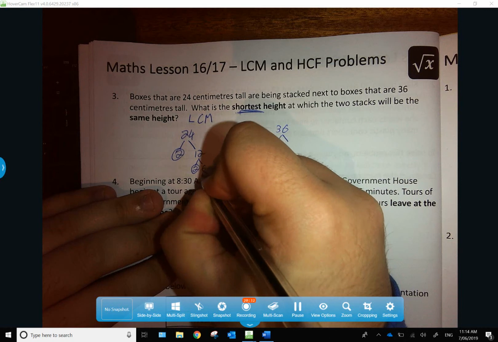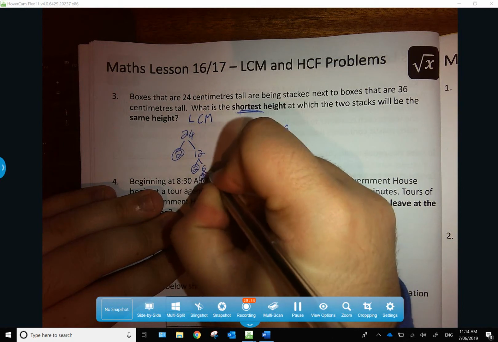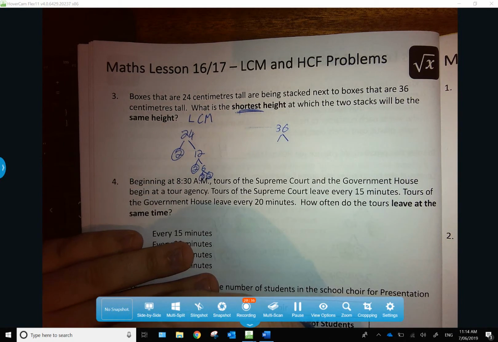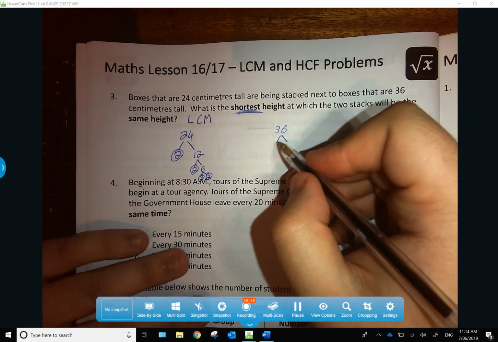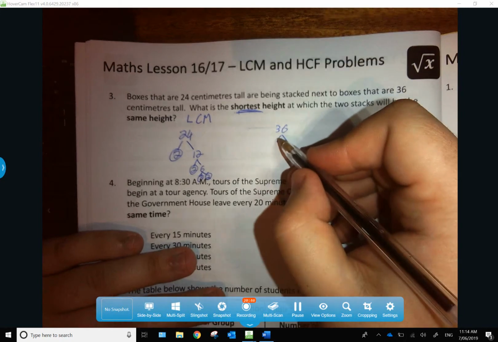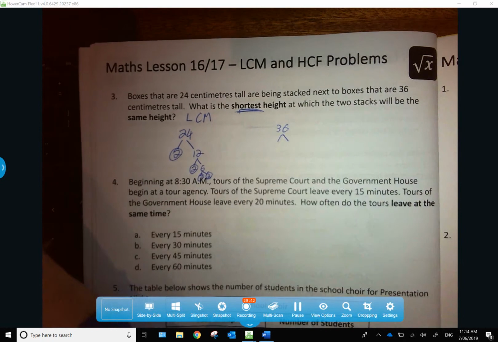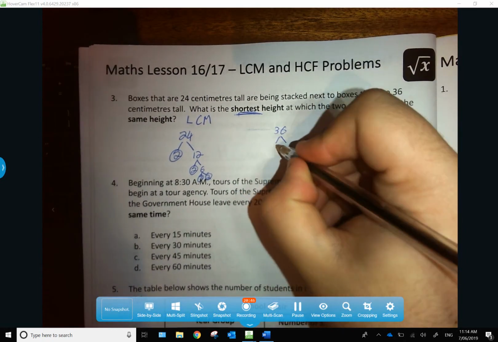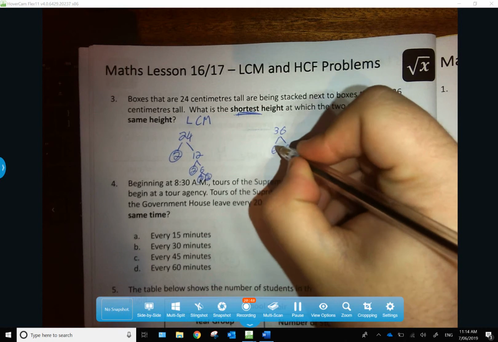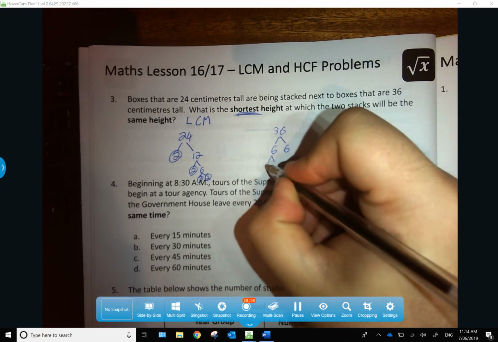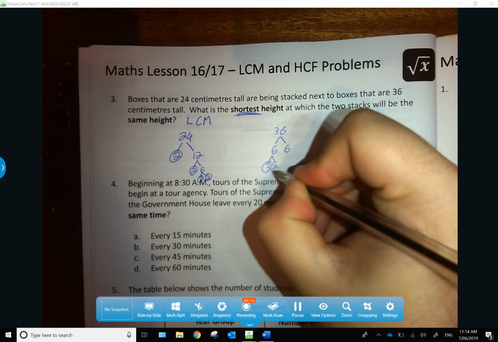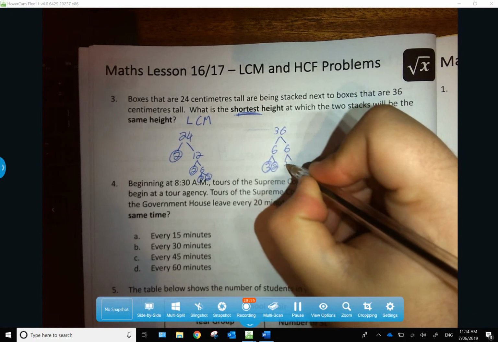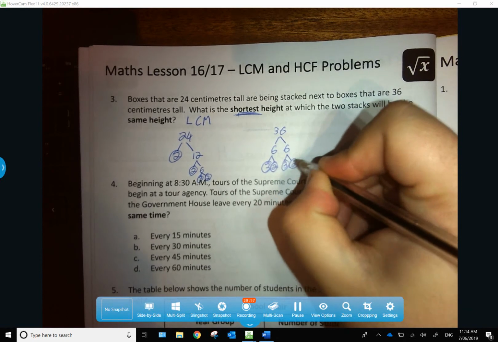And 6 breaks up into 3 and 2. And those two are prime numbers. Looking at 36, this one is going to be the same as 6 times 6. Okay. And 6 can be broken up into 3 and 2, which are both prime. And the same with this one, 3 and 2, which are both prime.